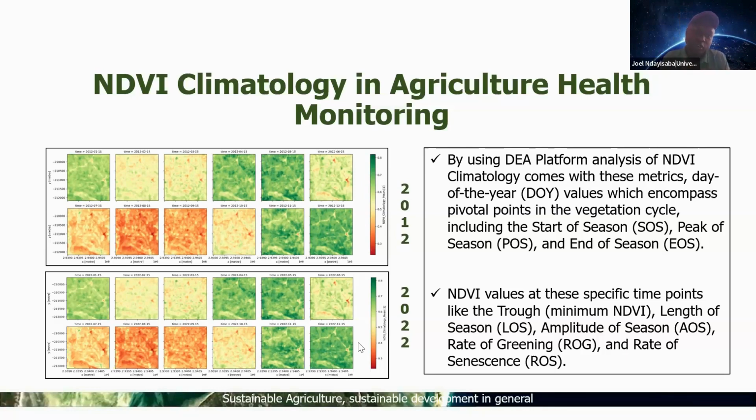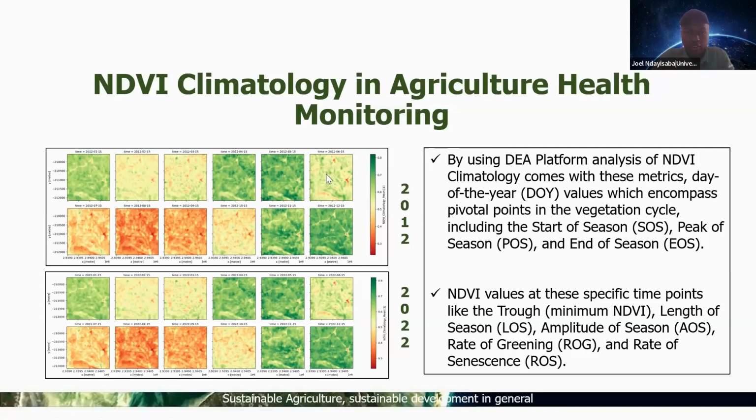At the peak of season of 2012, we found that in January, February, March, April, and May, agriculture is very healthy compared to the start of season, and it then reduces at the end of season, like here in June, where you see that the plants are being cleared from the land, or harvesting time is going on.